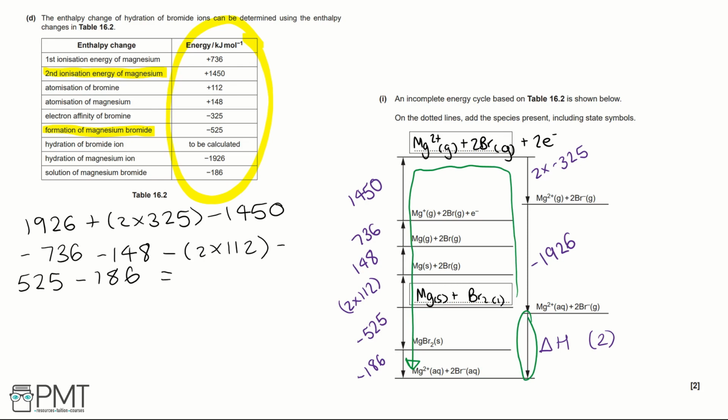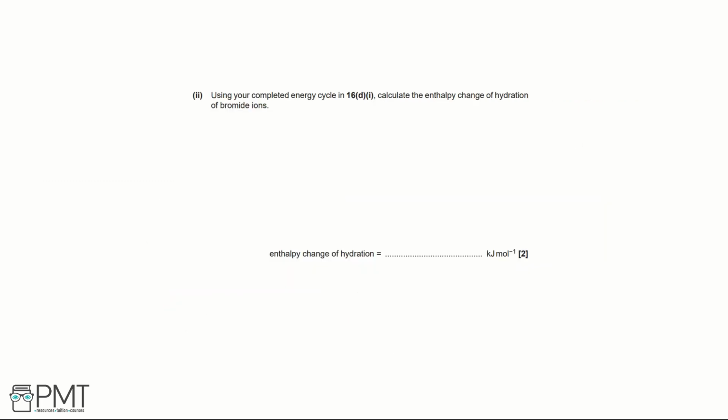So this equals minus 693 kilojoules per mole. Then dividing by 2, we get minus 346.5 kilojoules per mole. So this is the answer for this question once we've divided by 2, which we can write on the answer line provided, so minus 346.5. To get the 2 marks for this question, you get a mark for calculating minus 693, and then you get a mark for dividing by 2 and getting your final answer of minus 346.5.